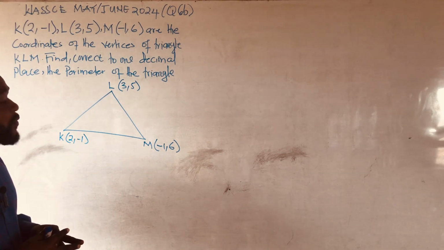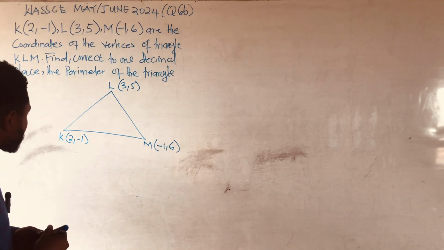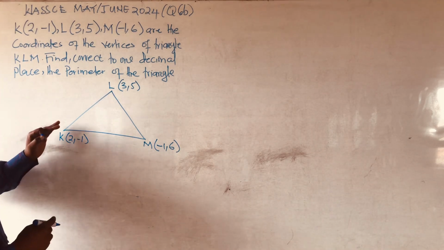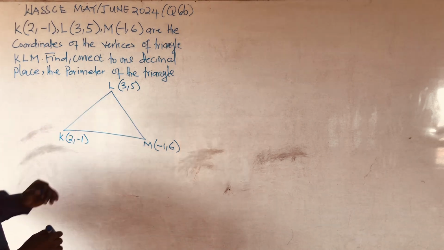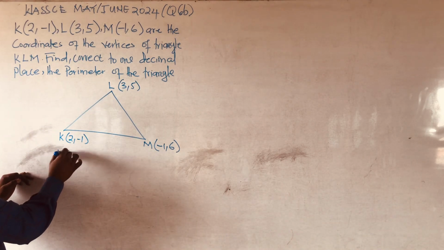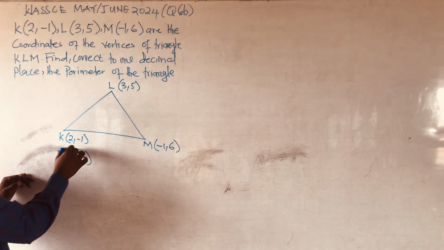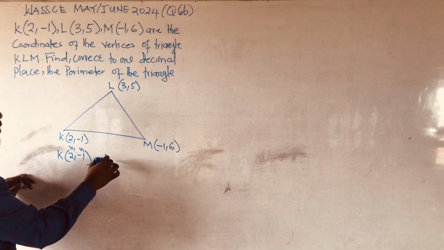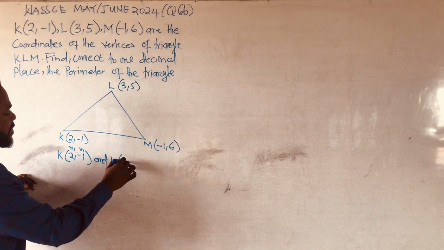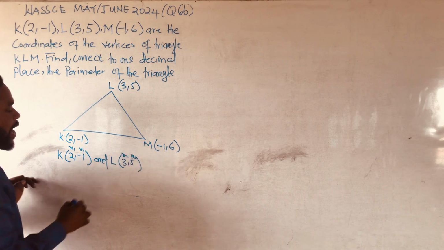Now, to calculate the magnitude, we need a formula to use. First of all, let us look at the coordinates for K and L. We write our K coordinate, which is (2, -1), and name it x1, y1. And your L coordinate, which is (3, 5), you name it x2, y2.